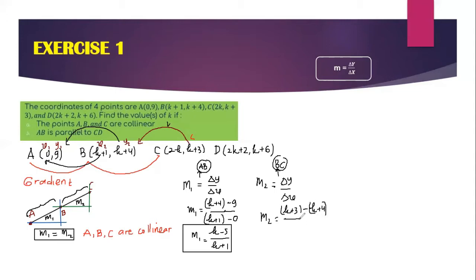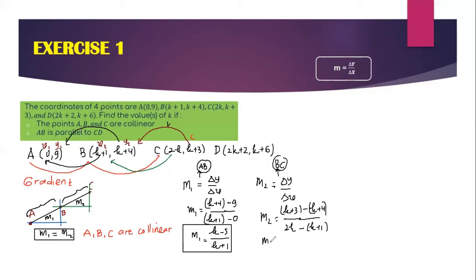Good. And then x2 minus x1, so you have to insert 2k minus k plus 1.